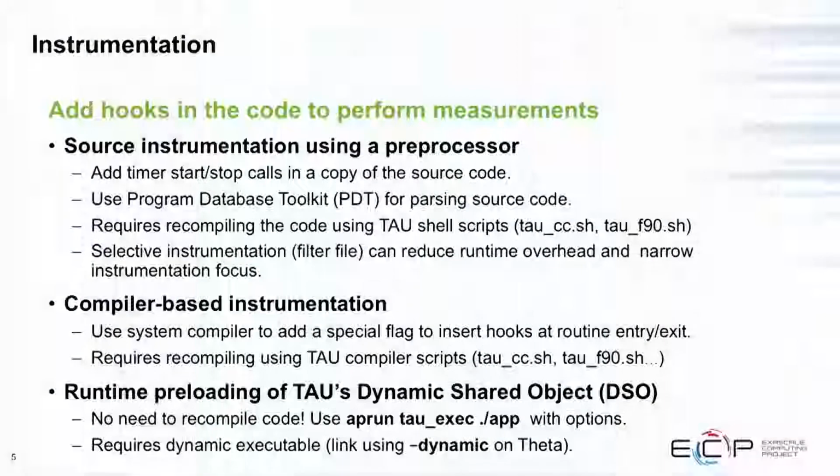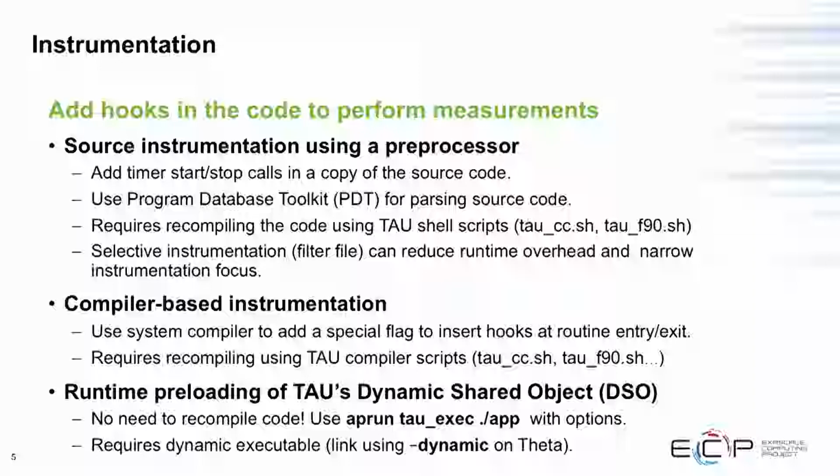So there are different phases of inserting hooks in your code. The first one, the instrumentation phase, allows you to add these hooks. You can add these hooks using a preprocessor in your code. And we use a toolkit called Program Database Toolkit to parse your source code and insert hooks in a copy of your source.